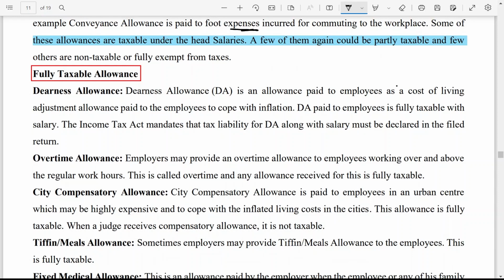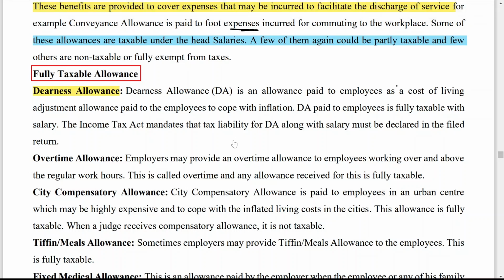Now dearness allowance. This is the first one which is fully taxable. Dearness allowance, DA, is an allowance paid to the employee as a cost of living adjustment, to cope up with inflation.